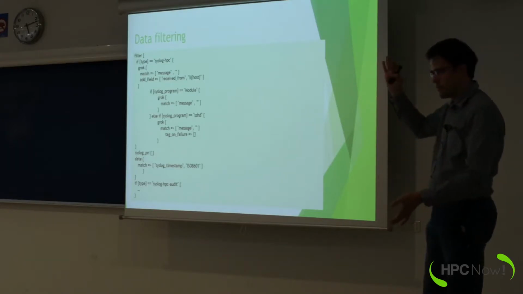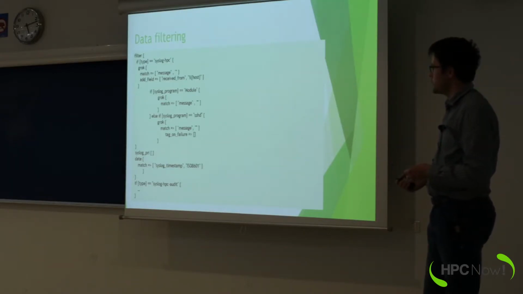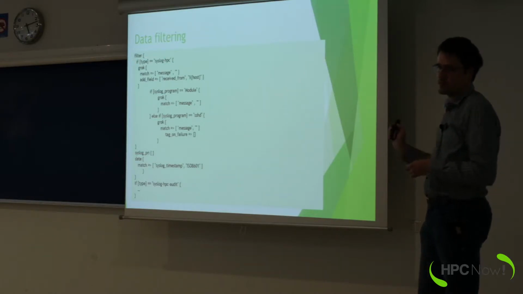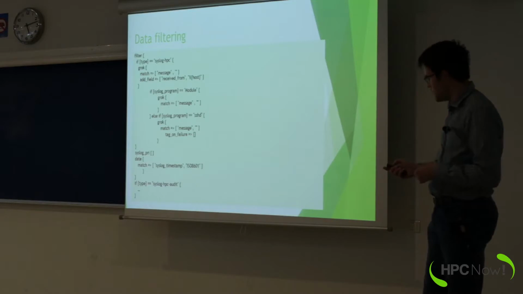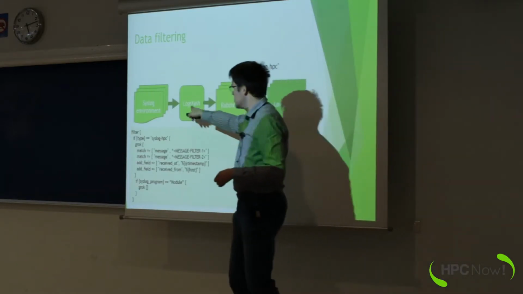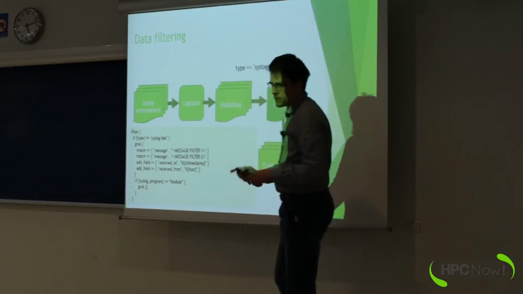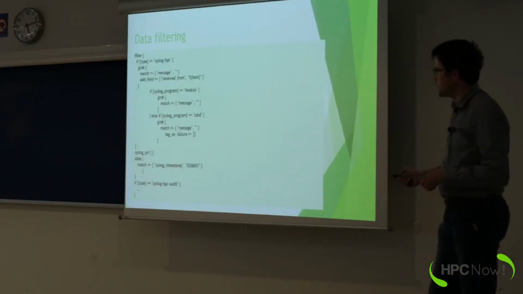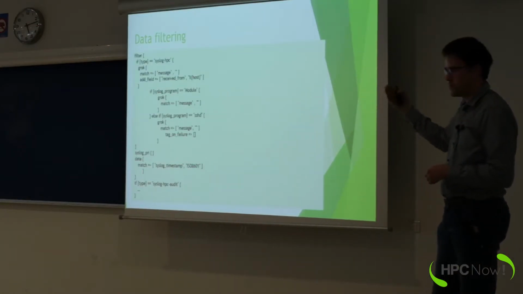So we have a filter definition inside of Logstash. Basically what you do here is, if the type, the one you've defined at the beginning, at injection time you define the type syslog. Now you can use that type to do the filtering.